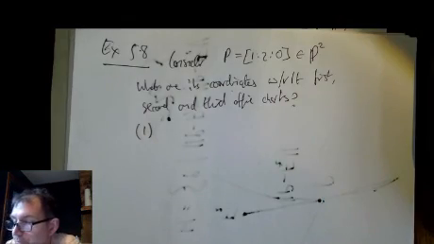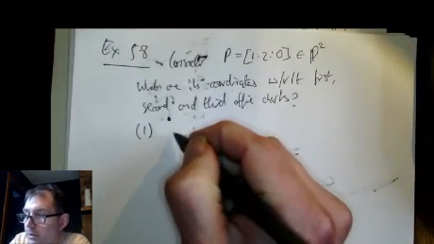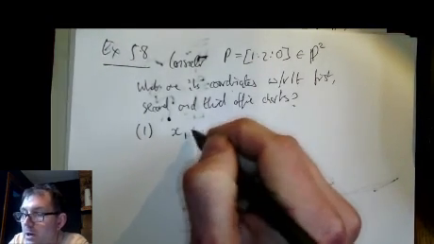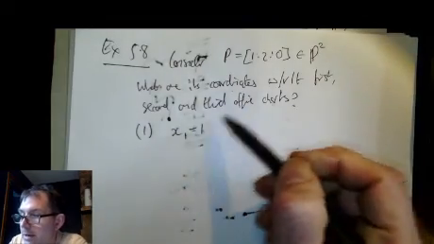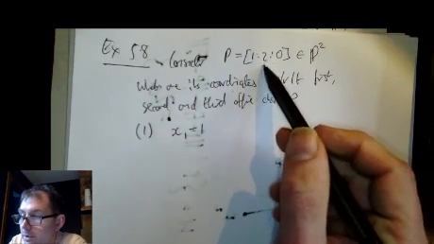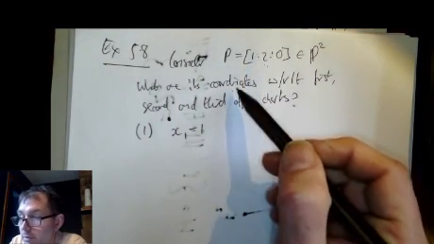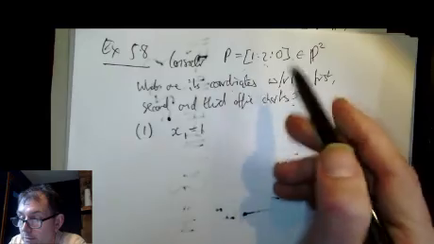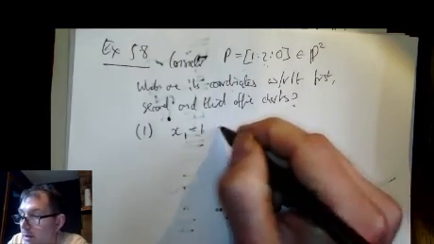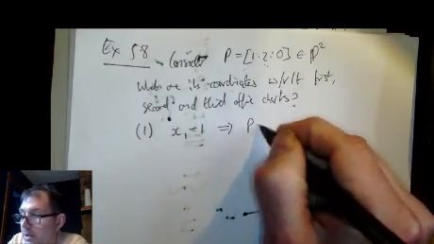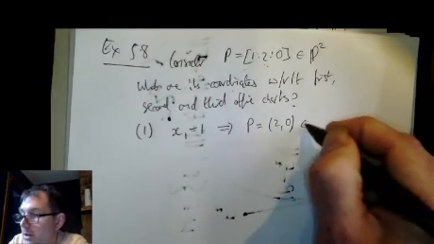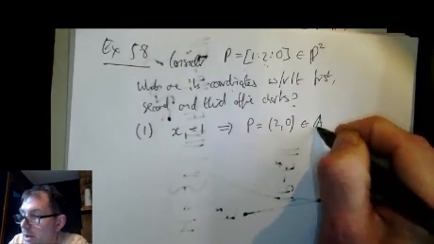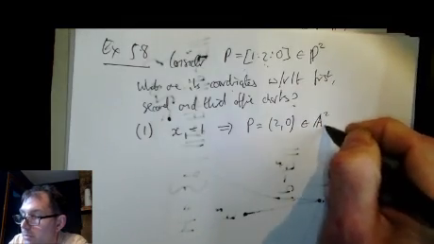So one, this is where we say x1 is equal to 1, and fortunately x1 is already equal to 1. So you can just delete this first coordinate and you get P is just the point 2, 0 in A2,1.